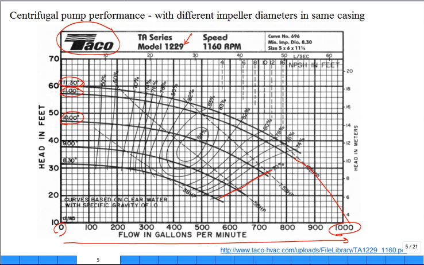Let's do this. If I was to say the best efficiency point on that one looks right there, looks right there, looks right there, looks right there, looks right there. Read down, maybe this is 540 GPM. Multiply that by 1.1, it would come over here somewhere. Multiply that 540 by 0.8, it would come over here somewhere.